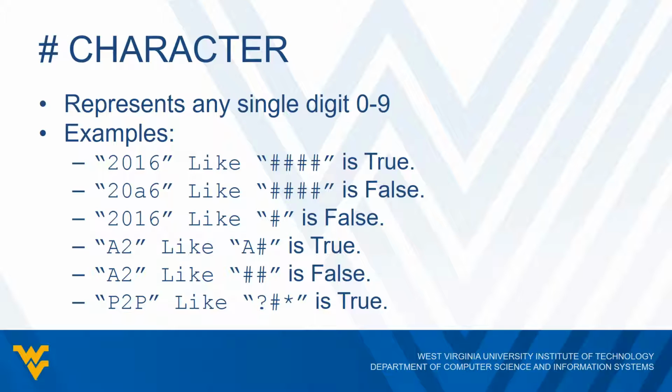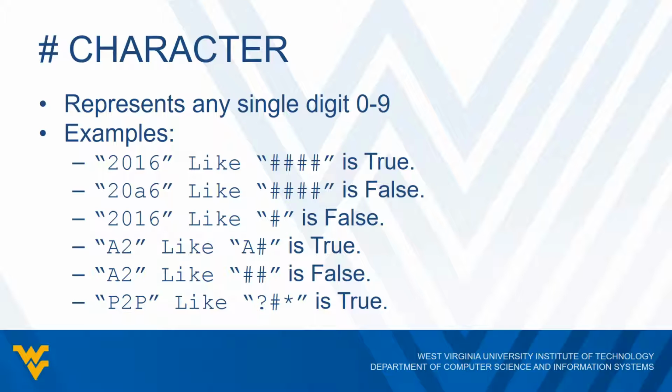We see that we have a P as our first character, so we're good there. And then in our pattern, we have a pound sign, so that means the second character has to be a digit 0 through 9. If we look at our string, we see that we do have a digit 2, so that part matches.